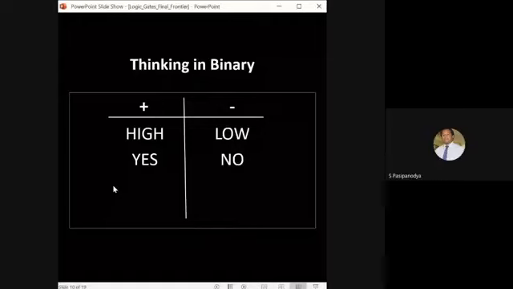Quite true. And we can go on to say a high input, a yes, and a positive can be recorded as a true, and a no, low, or negative can be recorded as your false. And ultimately, your positive, your high, your yes, your true is your 1, and your negative, your low, your no, your false becomes a 0.